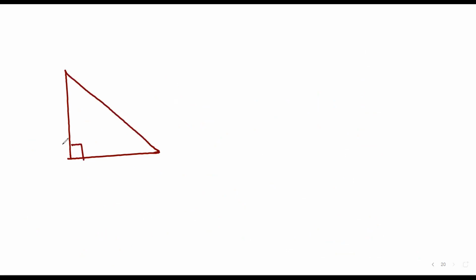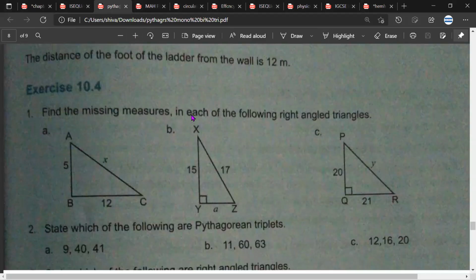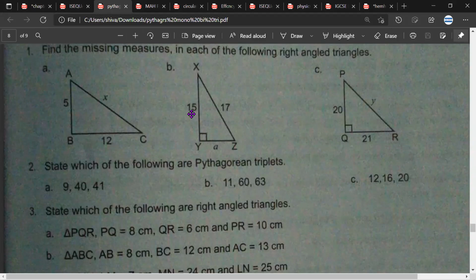Let us take another example. Let us take a question from your book. Can you see the PDF? Yes, sir. So, this is 5, this is 12. I want to find x.